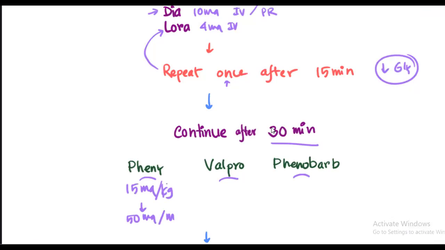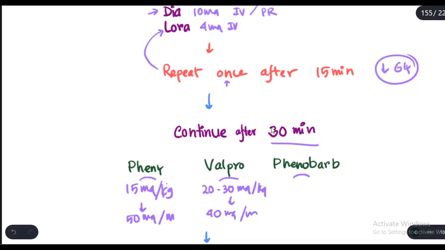For valproate or sodium valproate, the dose is 20 to 30 milligram per kg at a rate of 40 milligrams per minute. For phenobarb, give 10 milligram per kg body weight and the rate is 100 milligram per minute. So we can use any one of those only once.